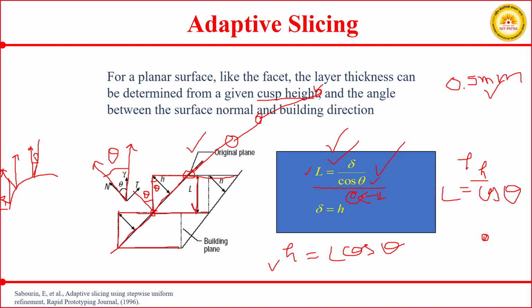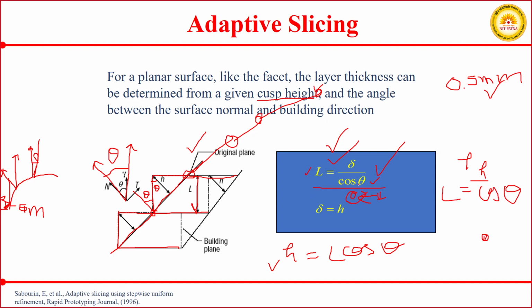It will not be 0 obviously, because initially we will take some layer thickness, say 1 mm. So depending upon the direction of your build direction as well as surface normal, you will get the value of theta.